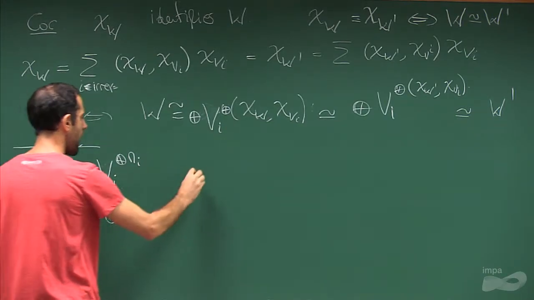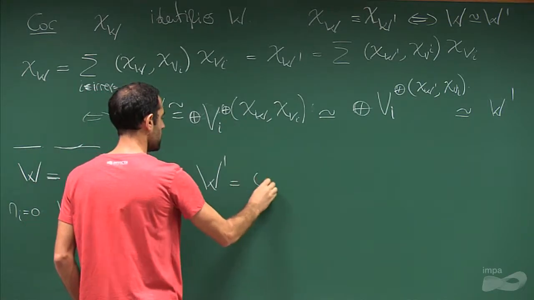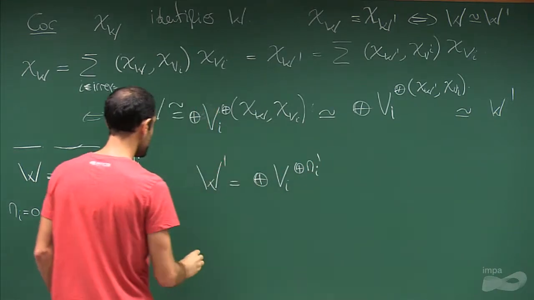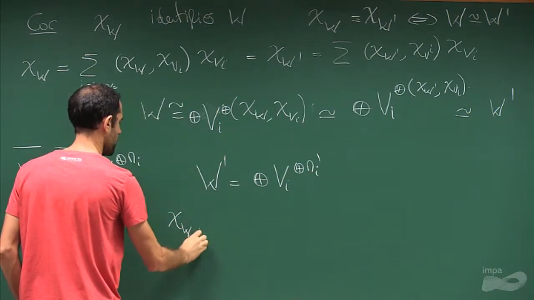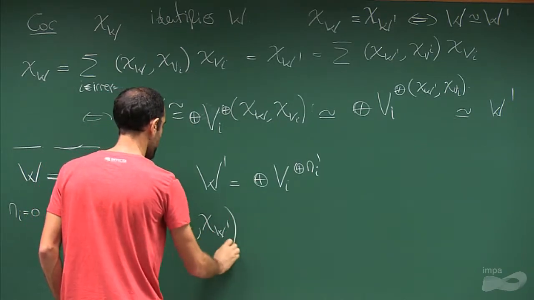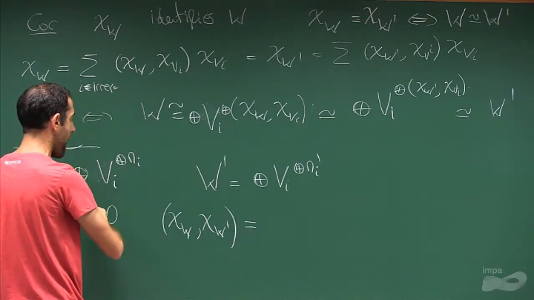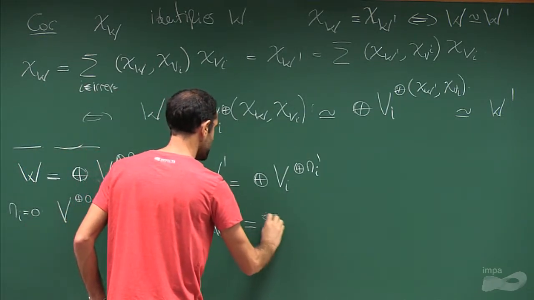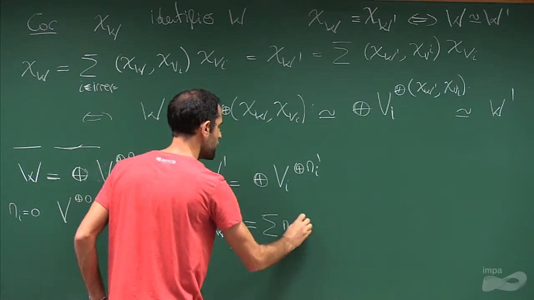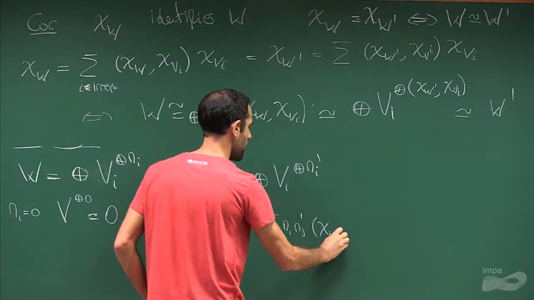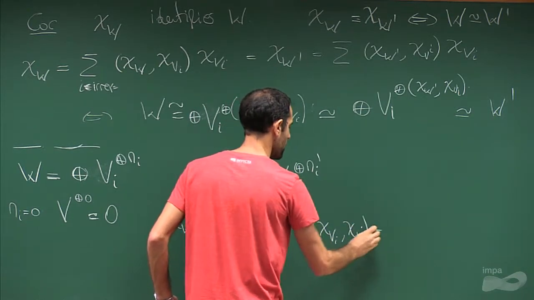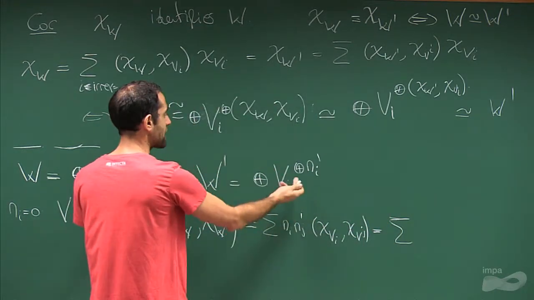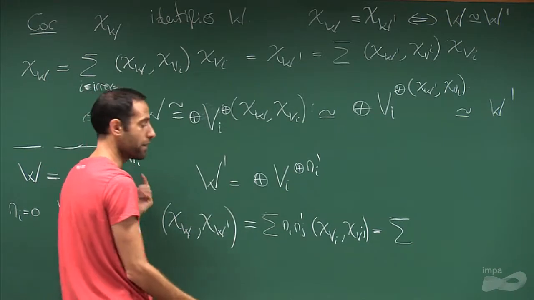Then, if you have another one, W prime, which you decompose the same way, then the inner product of the character of W with the character of W prime, since the character of each one is the sum of these characters, is just the sum of Ni N prime j, the inner product of the character of Vi with the character of Vj. And this is an orthonormal basis, so this is just the inner product of the vectors with integer numbers Ni and N prime i.